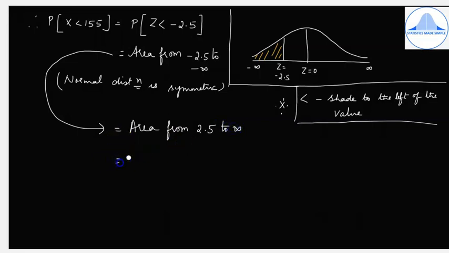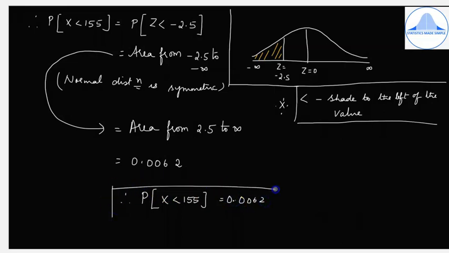Then from the area under the normal curve, the normal distribution, you can get the area, and the area is 0.0062. So the final answer, therefore, probability of X less than 155 is 0.0062. Remember that probability answer should always lie between 0 and 1, and it cannot be negative.